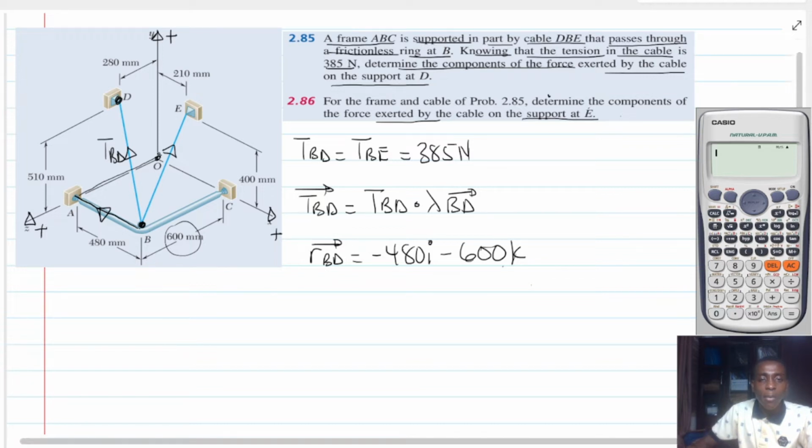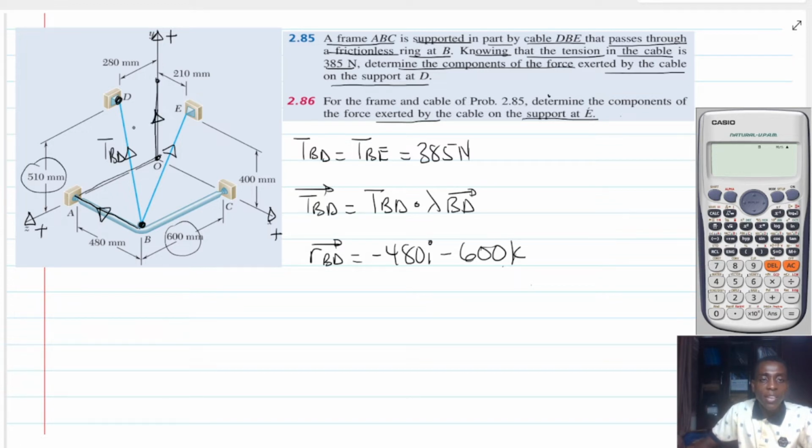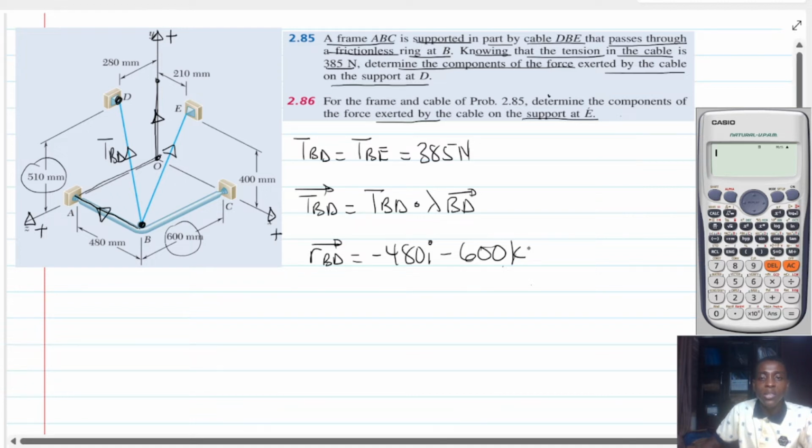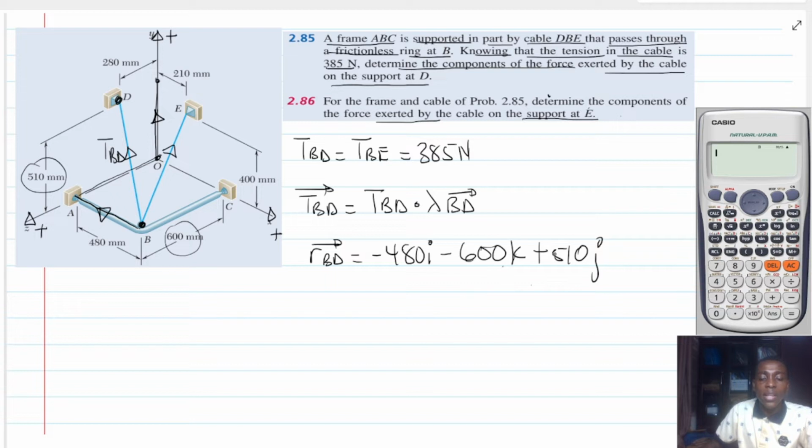And then finally, I'm going to climb up, and that distance is 510 in the positive Y component. From here, I will finally settle down here, and doing that, it will be in the positive Z direction, and that distance is 280, so plus 280k.